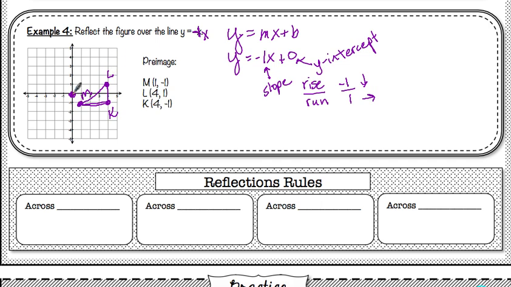So starting from this point, I'm going to go down 1, right 1, down 1, right 1. You plot points as you go. Down 1, right 1, up 1, right 1, up and left, up and left, up and left.